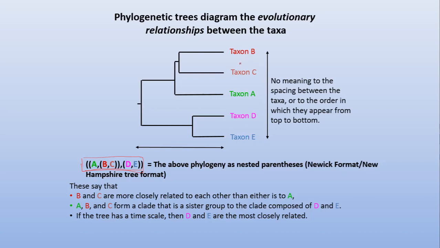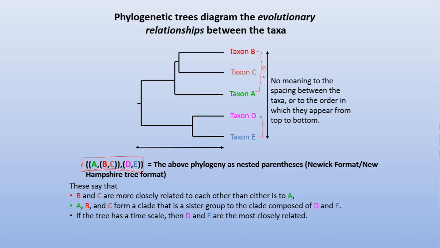So this tree says that the operational taxonomic units B and C are more closely related to each other as compared to A. And your taxa A, B and C form a clade that is a sister group to a clade that is formed by taxonomic units D and E. So there are two clades over here.